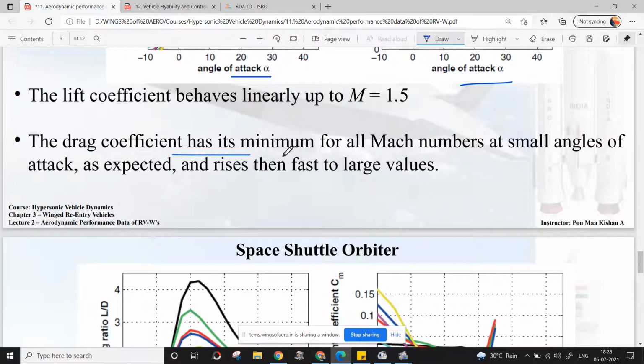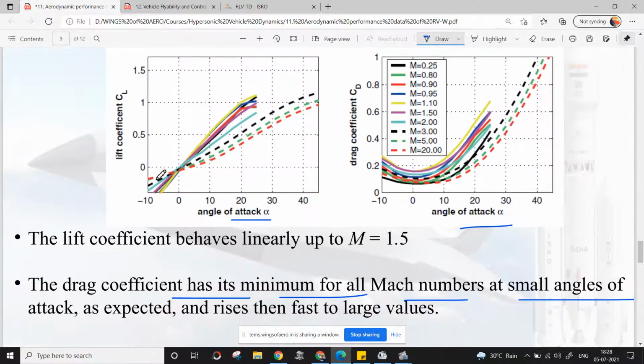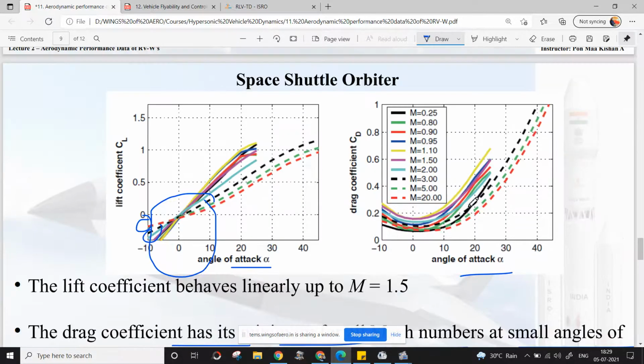The drag coefficient has its minimum for all Mach numbers at small angle of attack. Whatever the Mach number is, whether it is Mach 20 or Mach 30, at a lower angle of attack the drag coefficient is minimum, right? I hope you can understand the minimum drag condition, minimum power condition, because you might have learned this in your flight mechanics or airplane performance subject.